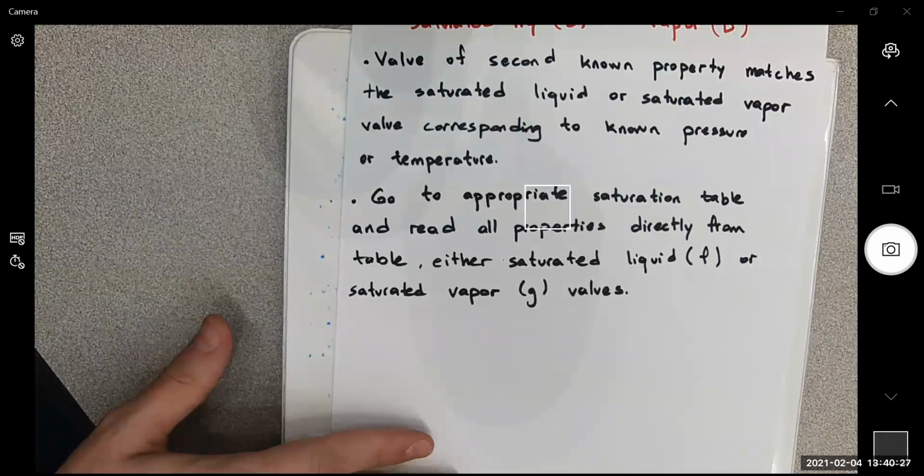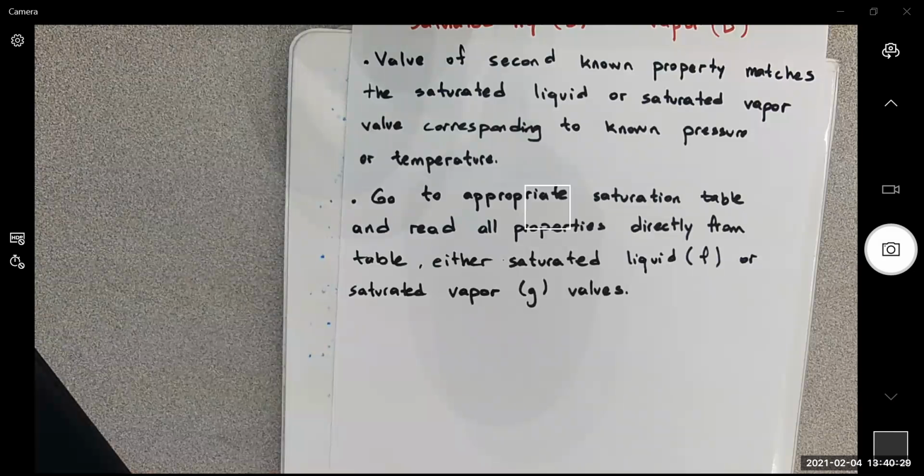So after determining your substance, water, ammonia, R22, R134a, or other pure substances, you check your saturated liquid values and saturated vapor values.